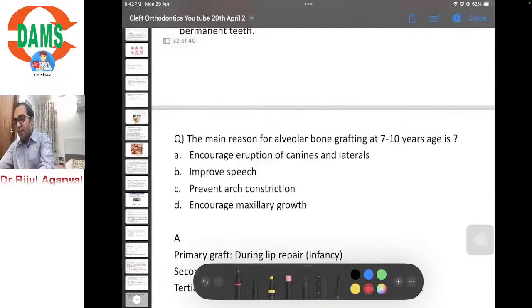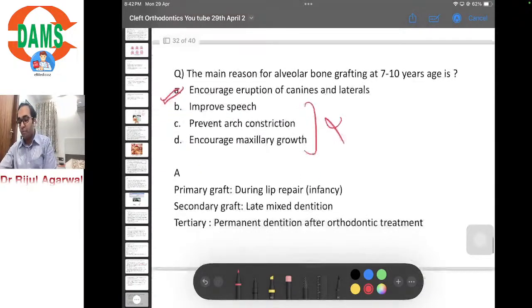So the question is: the main reason for secondary alveolar bone grafting done at 7 to 10 years is to encourage the eruption of canines or laterals. No other reason is there for doing any kind of secondary alveolar bone grafting.